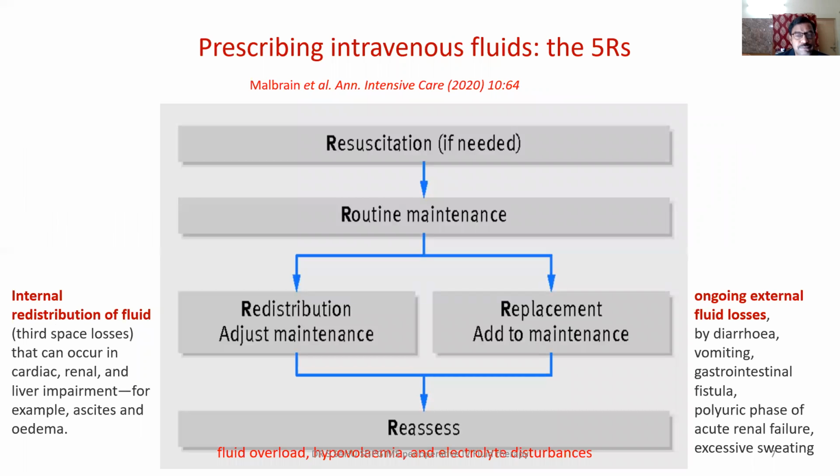Why do we prescribe fluid? There are 5 R's, as shown by Malbrain et al. in intensive care in 2020.